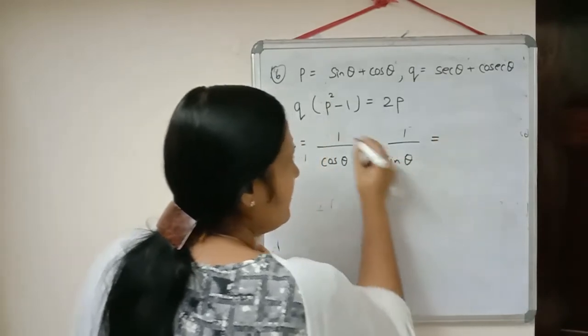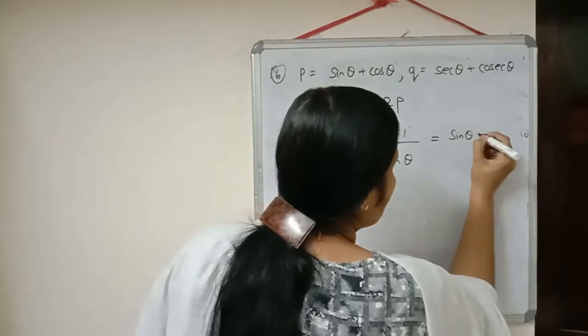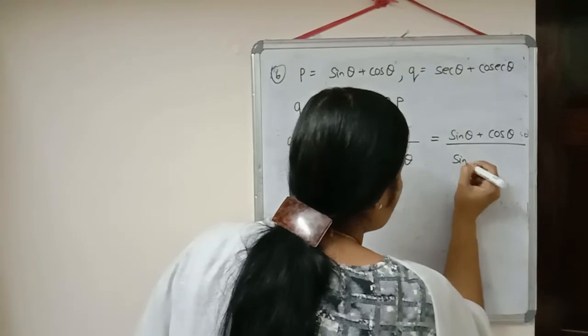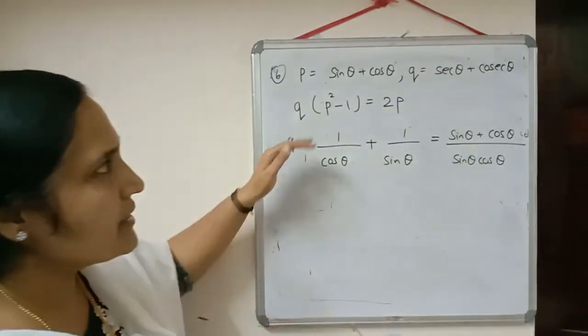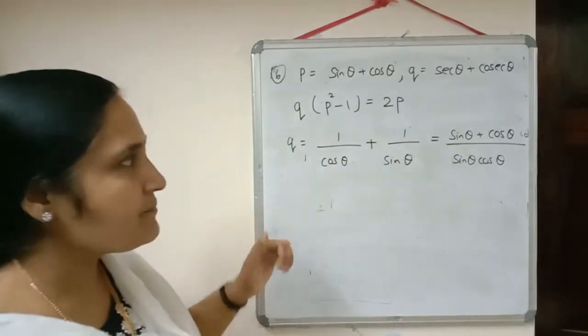Now what we can do? We can just do the cross multiplication. Then it will be equal to sin theta plus cos theta by sin theta into cos theta. We just converted Q in terms of sin and cos and did the cross multiplication.